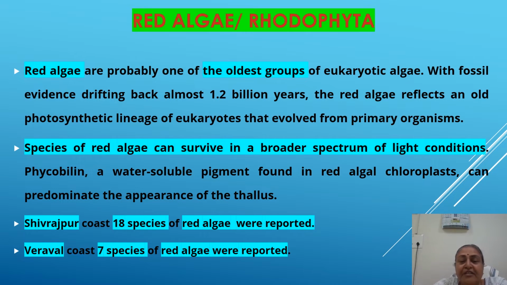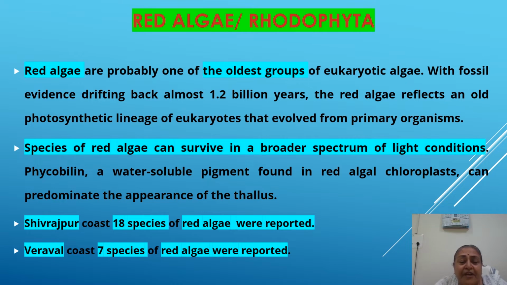So that is why they have their own value. Species of this red algae can survive in a broader spectrum of light conditions. As I just said, at 300-meter depth you will find a good flourishment of these red algae of different shape, size, color, everything.